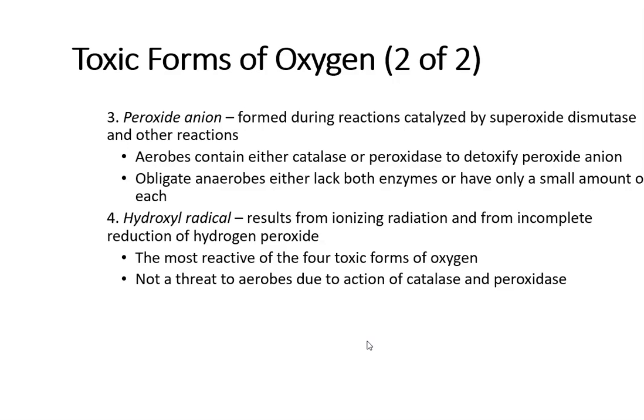It is the most toxic form. It's not a threat to aerobes because of our catalase and our peroxidase. So basically, if you're an aerobe, you're fine. You don't care about this. If you're an anaerobe, you got a problem. That's the bottom line.